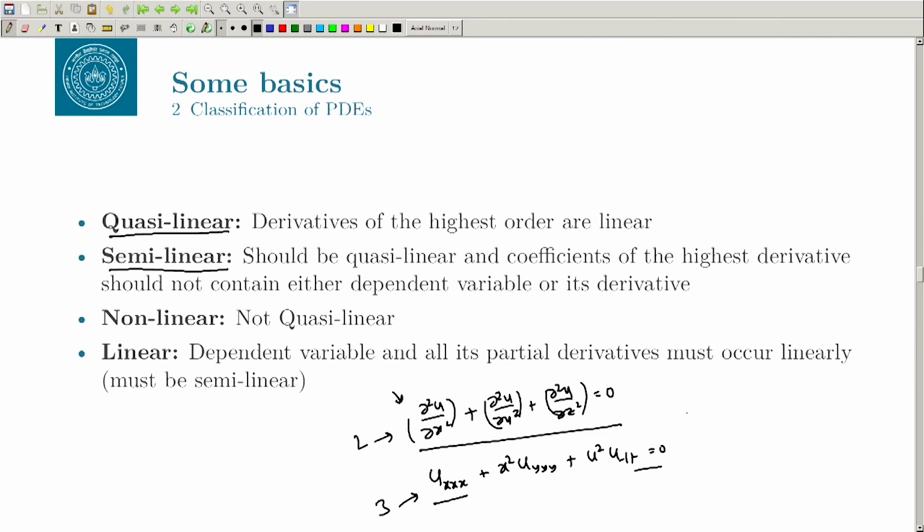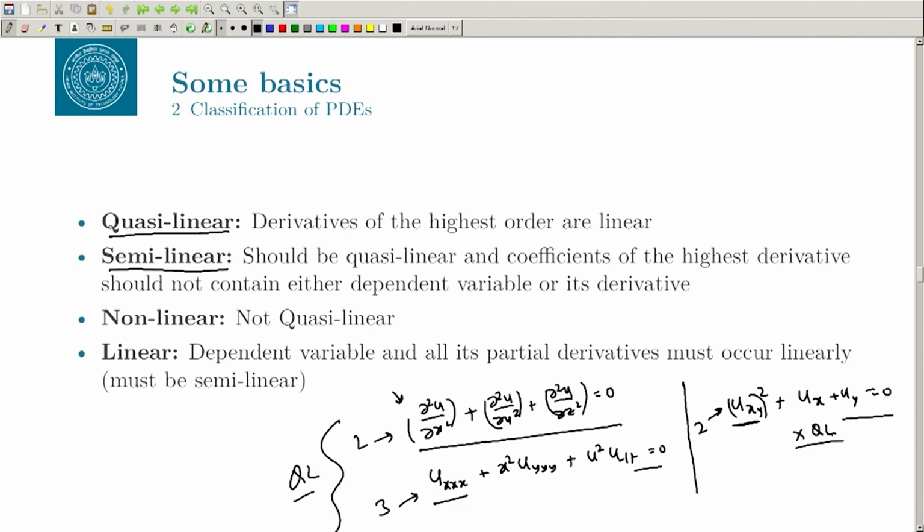But let us take an example which is u x y squared plus u x plus u y equals 0. Here, what is the highest order? The order is 2, and the derivative of the highest order is not linear, it is u x y squared. So this is not quasi-linear. These two are quasi-linear, but this one is not.